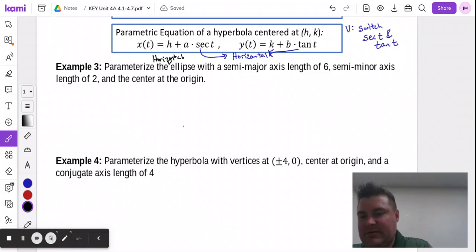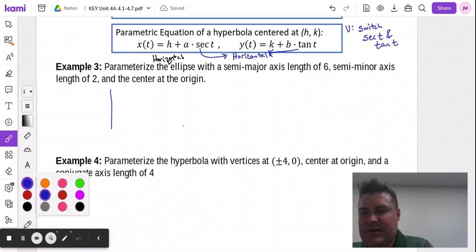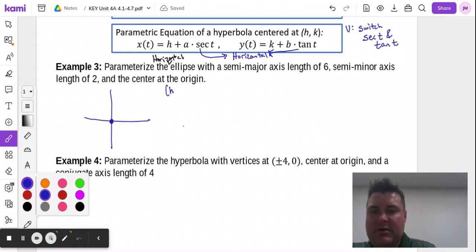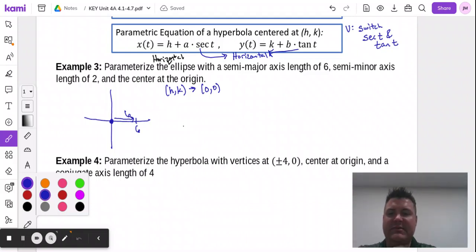So if I were to sketch this out so I can have a bit of a picture here. Centered at the origin, that means my h comma k is 0, 0. Okay, so if I'm horizontal and I'm going out 6 this way, because I'm a horizontal ellipse, and then the vertical is going up 2.